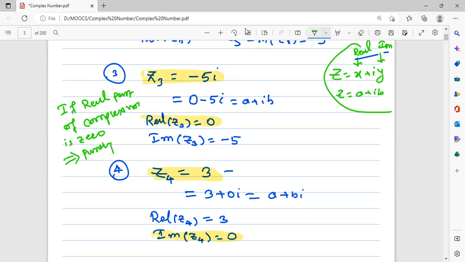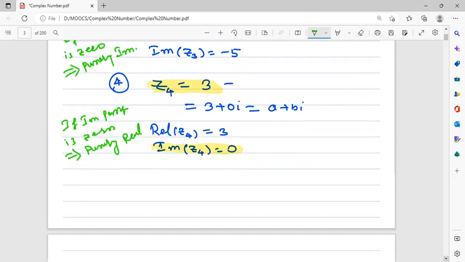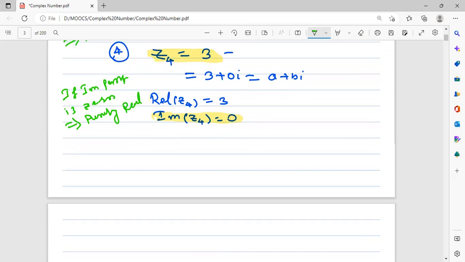And if the imaginary part is 0, then this complex number is purely real. Right?